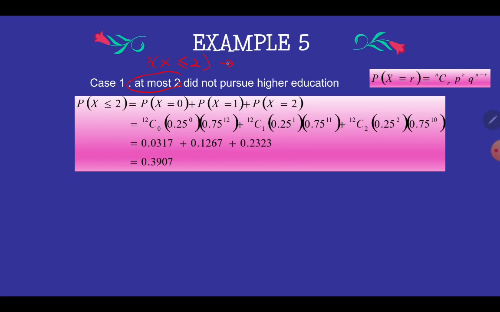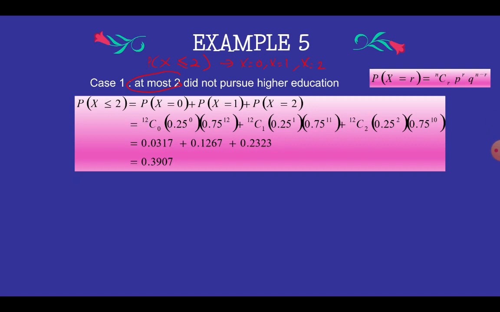So the number included is x equals to 0, x equals to 1, x equals to 2. So we add up all the probabilities. Therefore, we will have our probability for at most 2 did not pursue higher education is 0.3907. Okay.